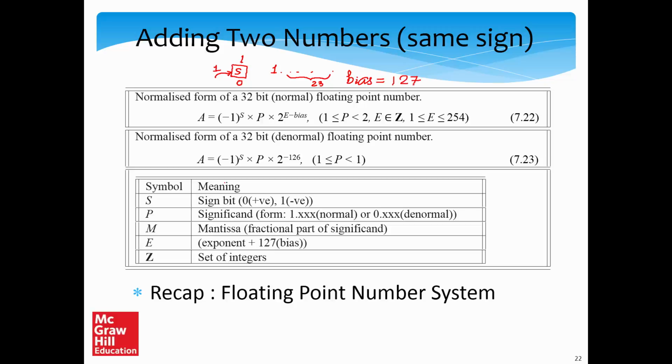So for example, let's say we want to represent the number 1.5. 1.5 in base 10 translates to 1.1 in base 2. In this case, the sign bit is 0.